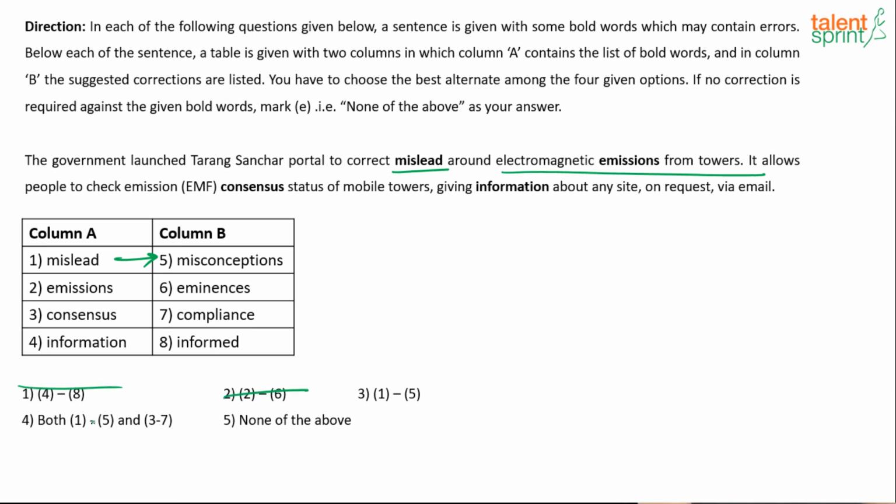So 1 and 2 is definitely not the answer. Emissions from the tower is absolutely fine. It allows people to check emissions consensus status of mobile towers. So will it be consensus or will it be compliance?